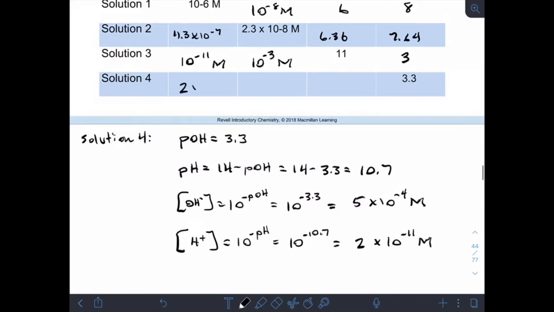All right. pH was 10.7, and the pOH is 3.3. So let's see how we did.